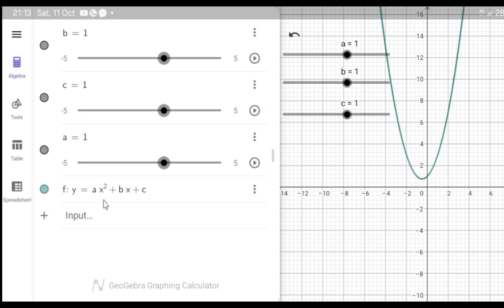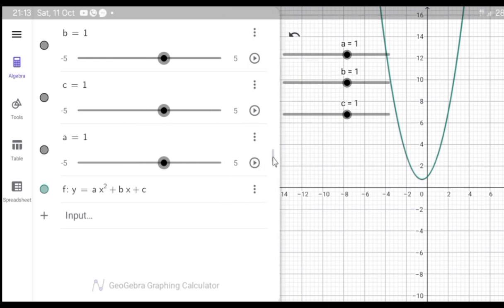Now, what role does each element play with regards to the graph of a quadratic equation? That is actually what we want to check today. We want to understand what you can conclude just from looking at the quadratic equation, even before plotting the graph.